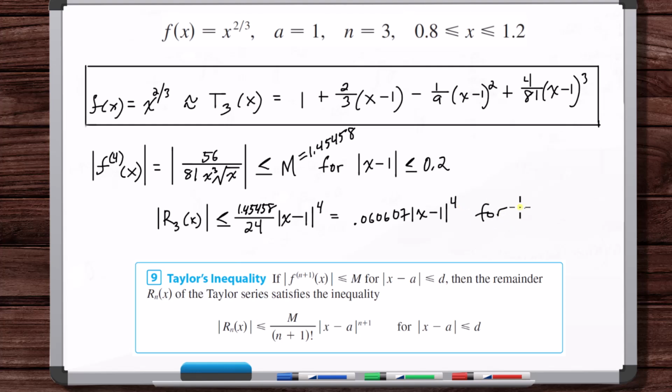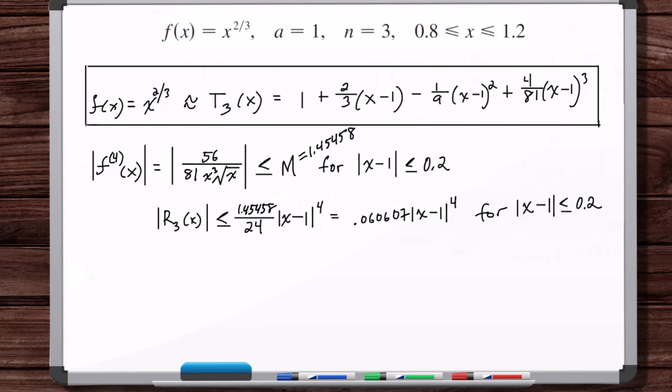Once again, you want to specify that because the capital M is based on this restriction, right? So, okay, we've got, there it is.